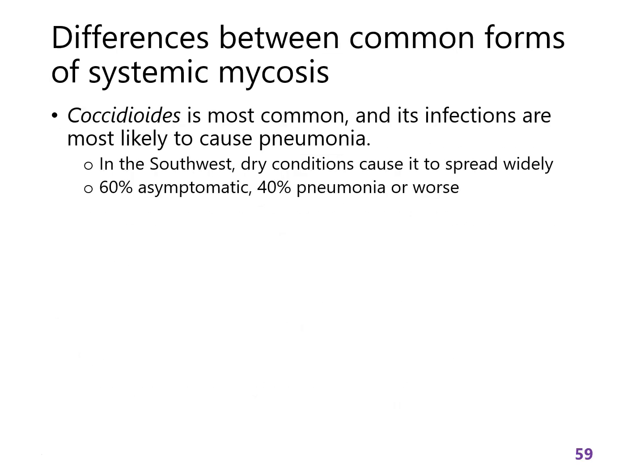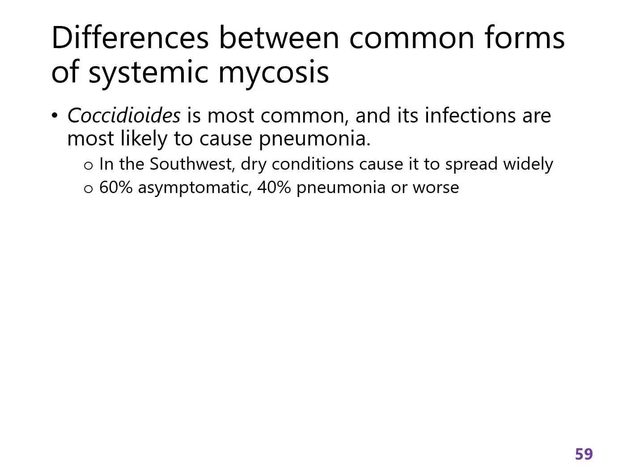So there are differences between these. Besides their geographic location, with Coccidioides in the southwest and the others in the Mississippi River watershed, Coccidioides is the most likely to cause symptomatic infections, and it is also the most common. So people in the southwest are likely to have been exposed to Coccidioides, and something like half of infections lead to pneumonia. So it is a common disease, not just a common infection.